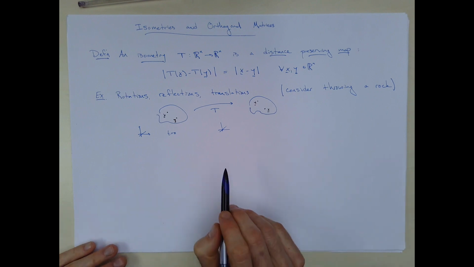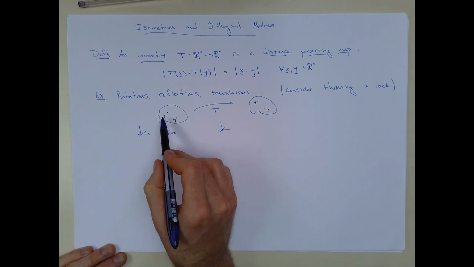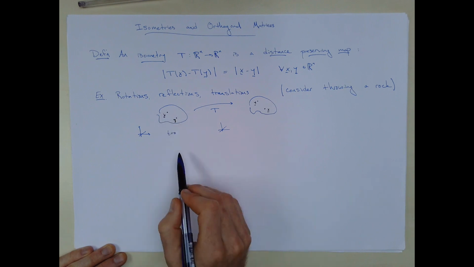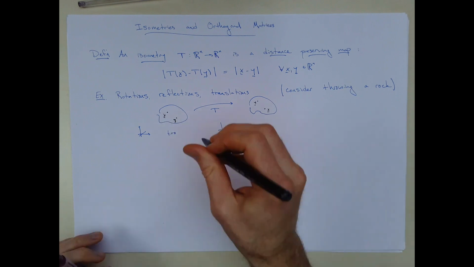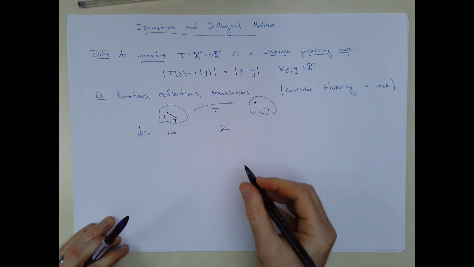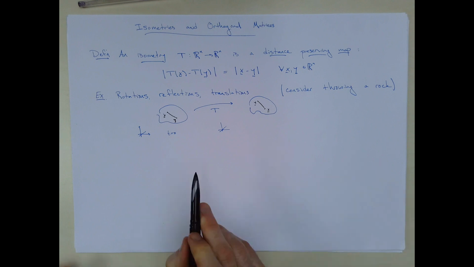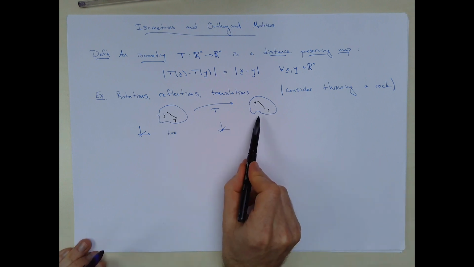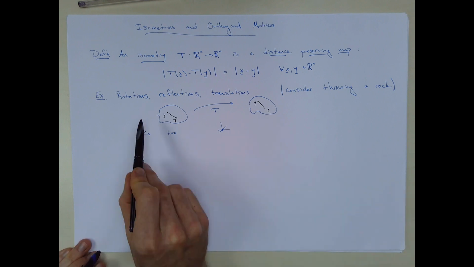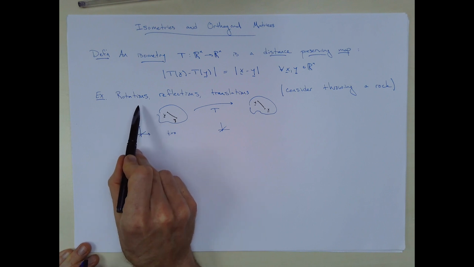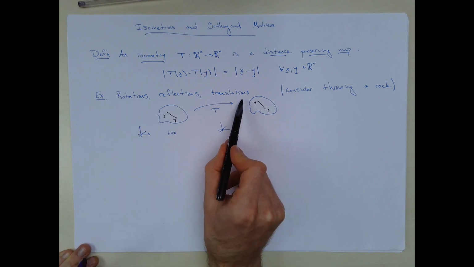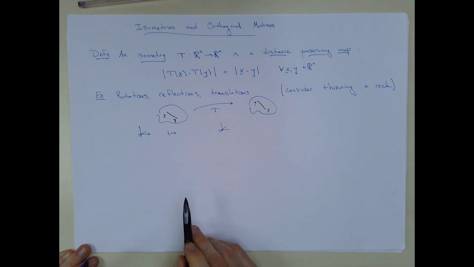You can certainly appreciate that if I take any two vectors inside the rock, the x and the y here, then the distance between them is not changing throughout the motion. In fact, this motion consists of a rotation. The rock rotates and the rock undergoes translation as it flies through the air.